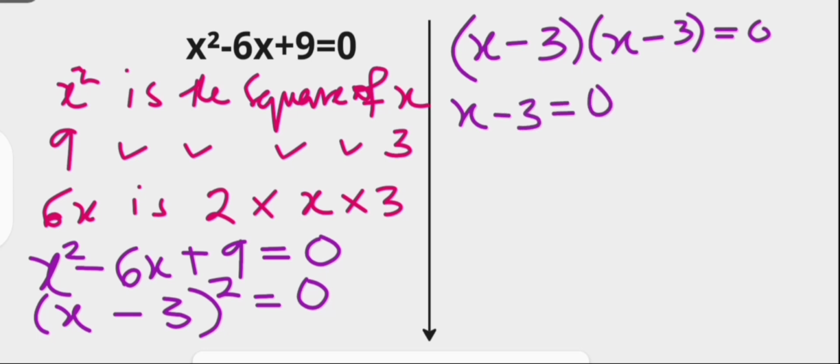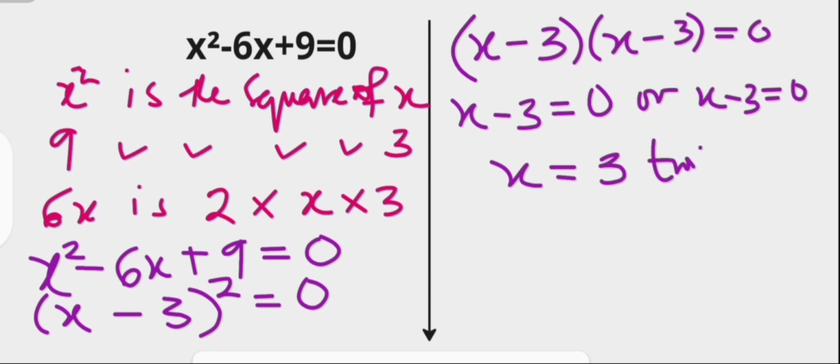Then x minus 3 is 0. The second one also, x minus 3 is 0, which means that x is going to be 3. When 3 is added to both sides, x is going to be 3 twice. Such is the behavior of perfect squares. Equal roots. Perfect squares have equal roots.